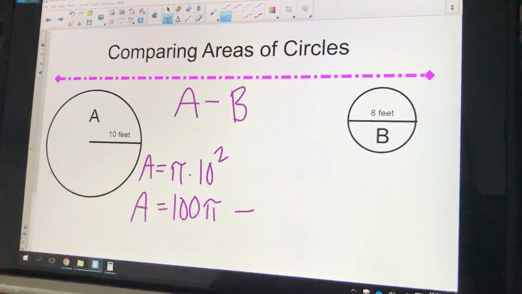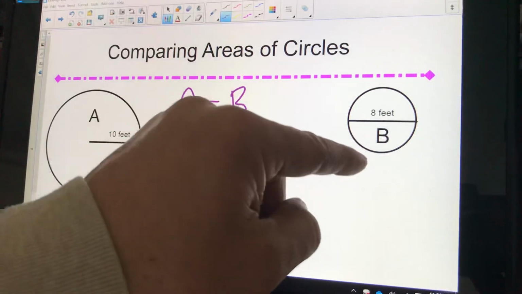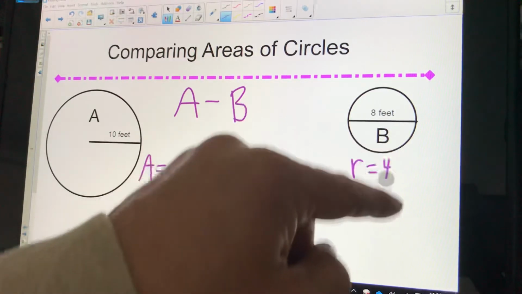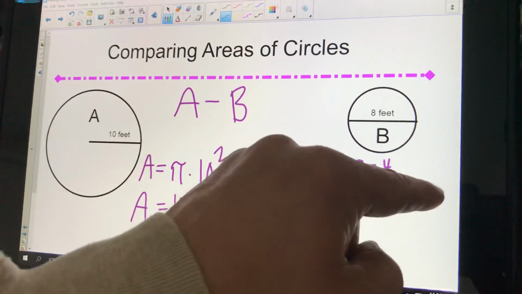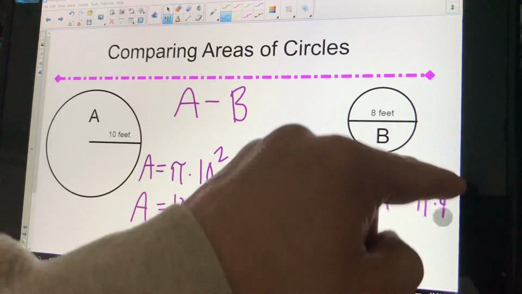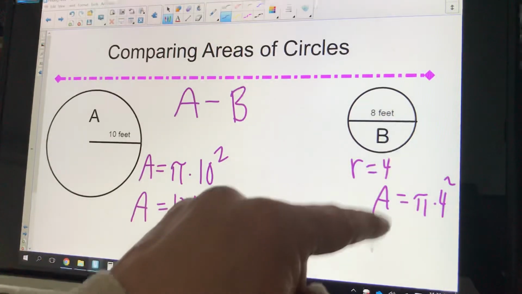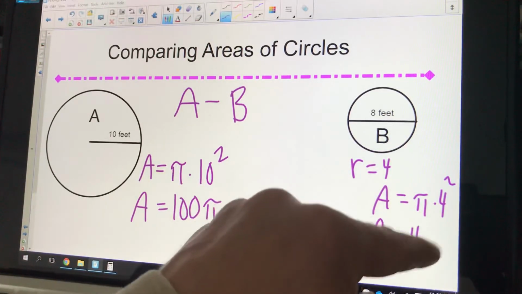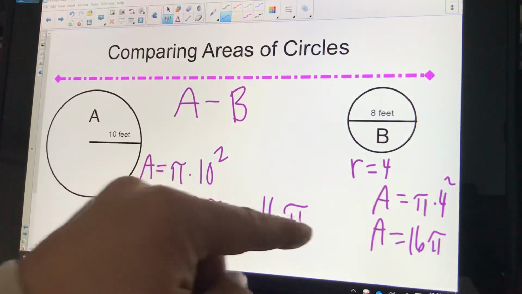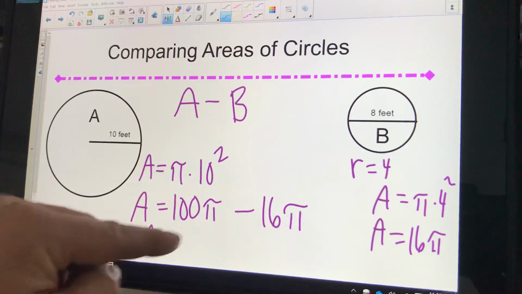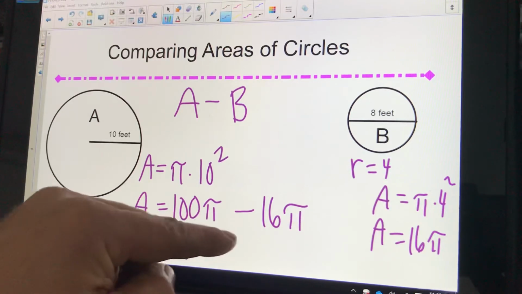Minus. Okay, let's go over here. 8 feet, but the line goes all the way across. So the diameter is 8, but the radius is only 4. Okay. Area equals pi times 4 squared. That means area equals 16 pi. Okay, 100 pi's minus 16 pi's. The area equals 84 pi.